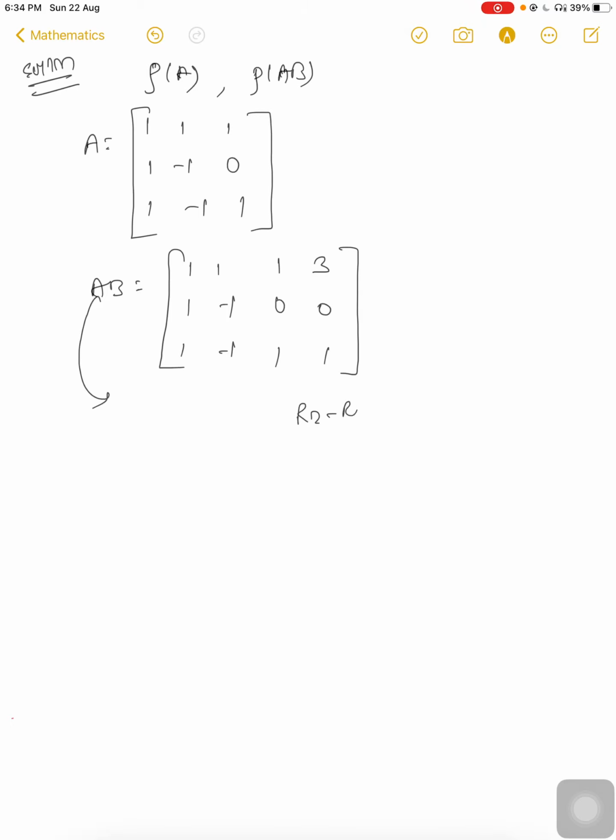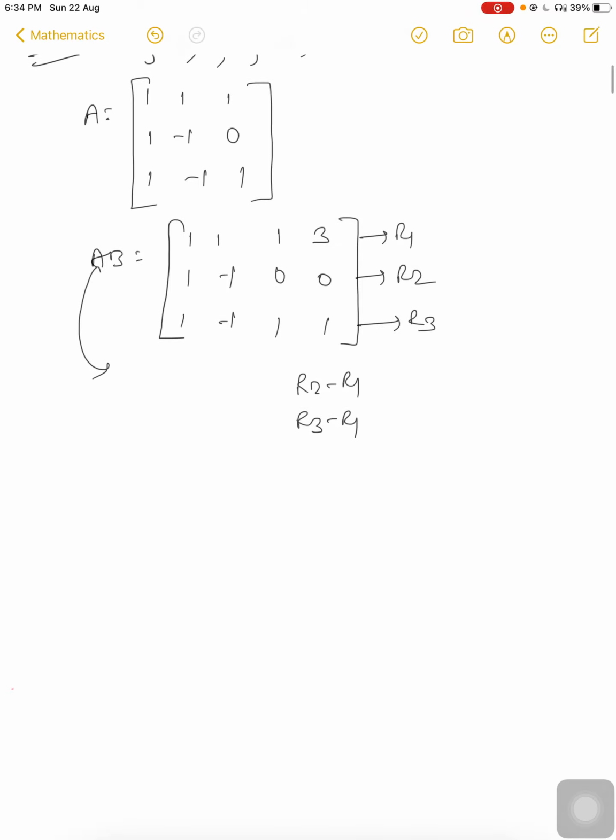First rearrange: R2 minus R1 and R3 minus R1. This is R1, this is R2, this is R3. R1 stays 1 1 1 3. R2 minus R1 gives 0, minus 2, minus 1, and minus 3.